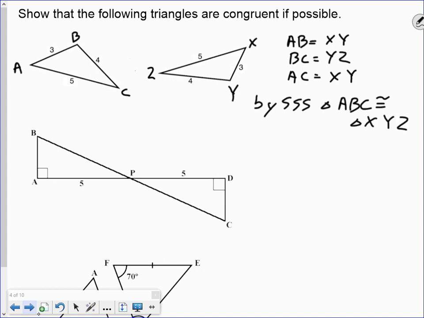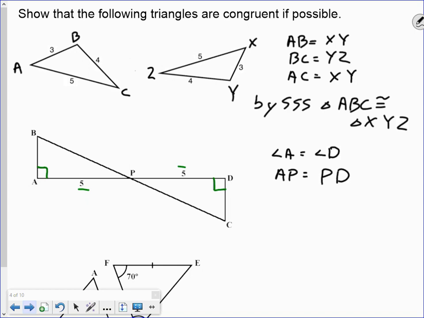Right. In our next one here, we know that two angles are equal to each other. We know that angle A is equal to angle D because they are both right angles here and here. Right. But other than that, we're given that side here and here, so side AP is equal to PD.